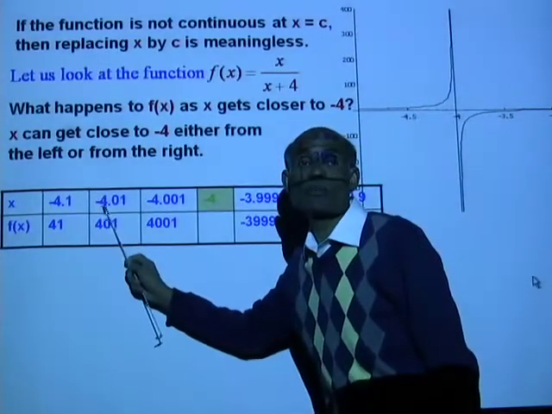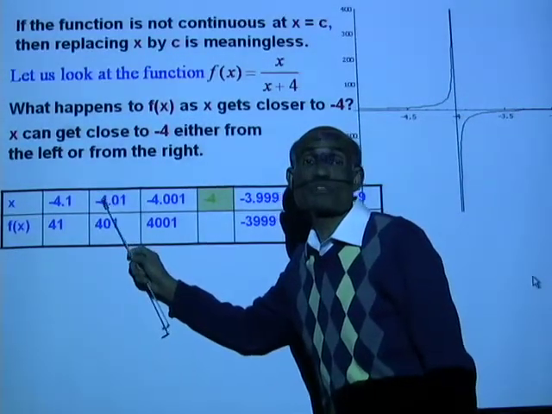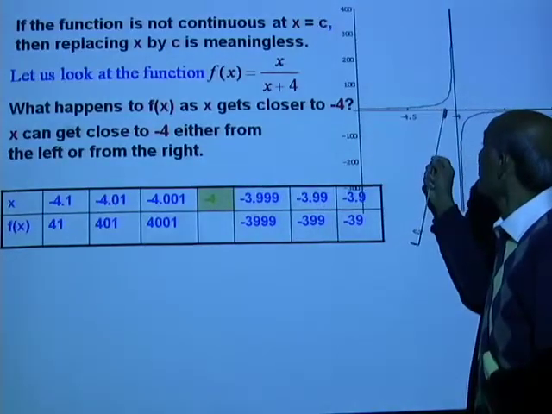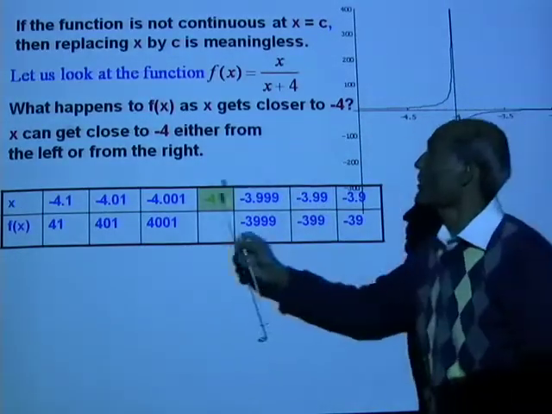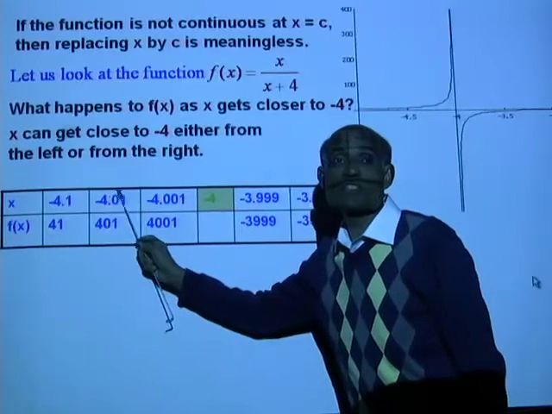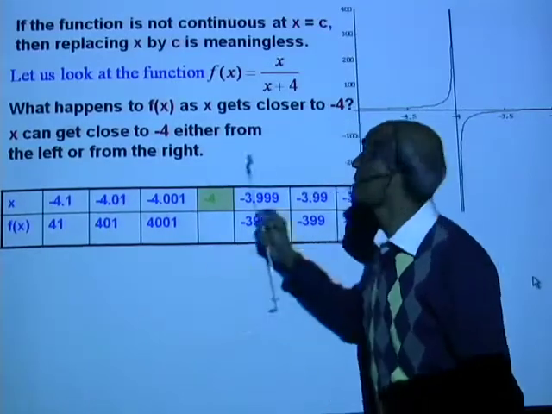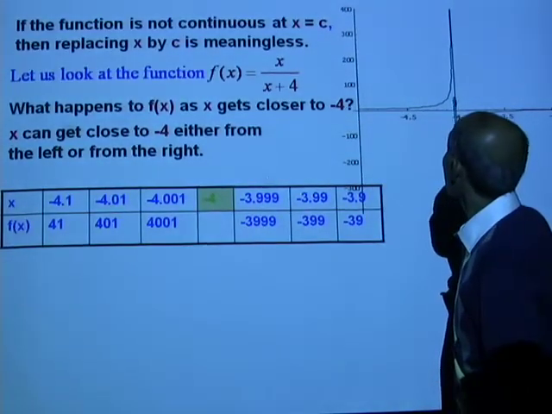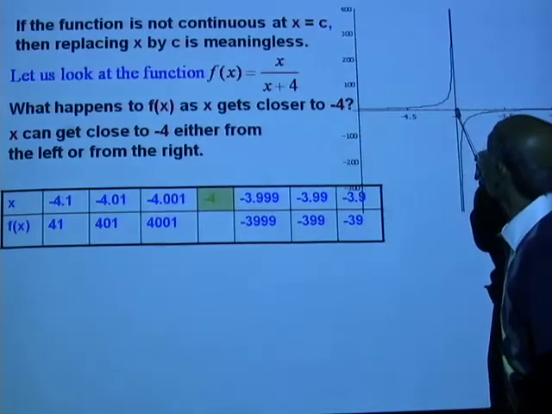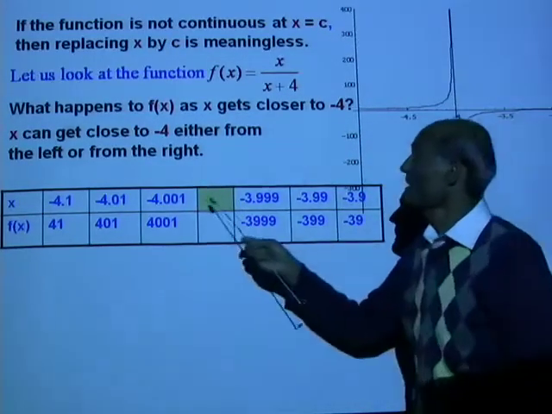What happens when x equal to -4.01? You can see now we are going closer to -4. When input is -4.01, the output is 401. So the input is somewhere here, the output is 401.